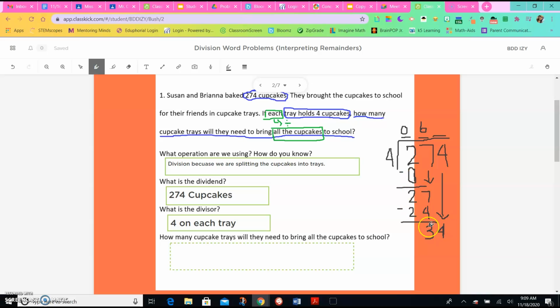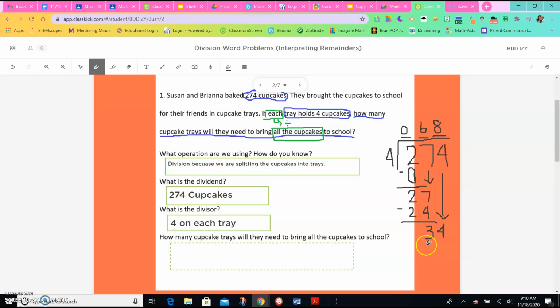How many groups of 4 can I make out of 34? If you don't know that, then you can skip count by 4s. 4, 8, 12, 16, 20, 24, 28, 32, 36. Oh, 36 is too much. I need to go back to where I had 8 fingers up, so that means that I can get 8 groups without going over this 34.